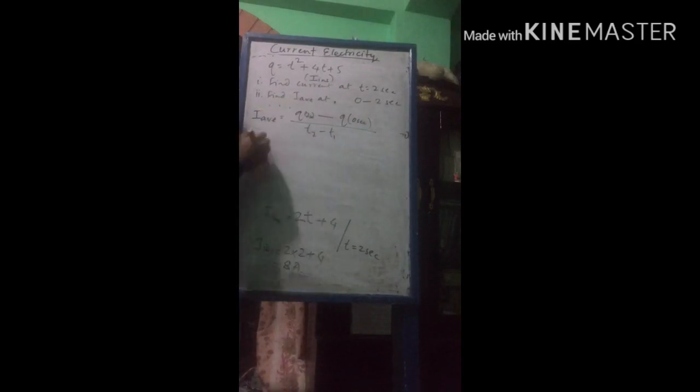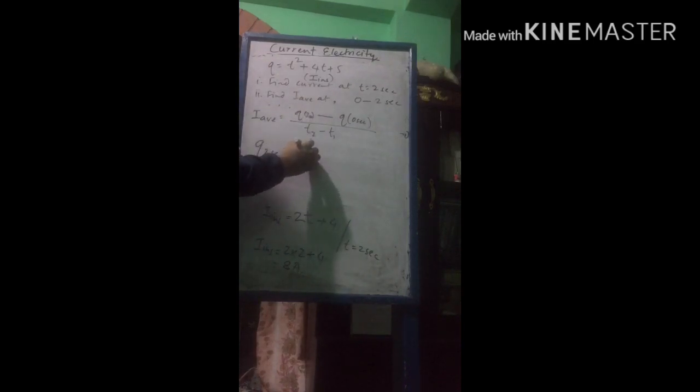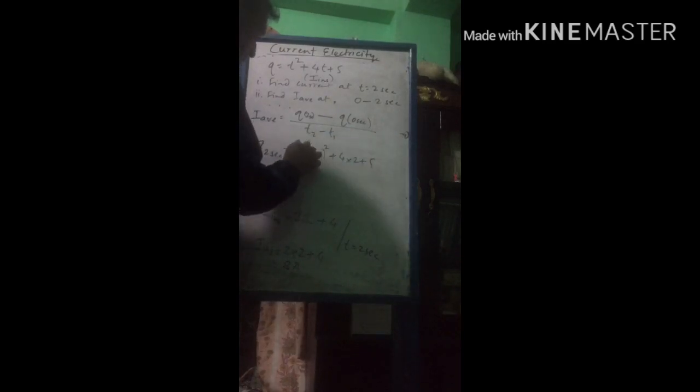So first of all, let us find q in 2 seconds. What will be the charge in 2 seconds? Use this formula: q in 2 seconds. We replace the value, 2 square plus 4 into 2 plus 5 coulomb. This much coulomb is the required charge.